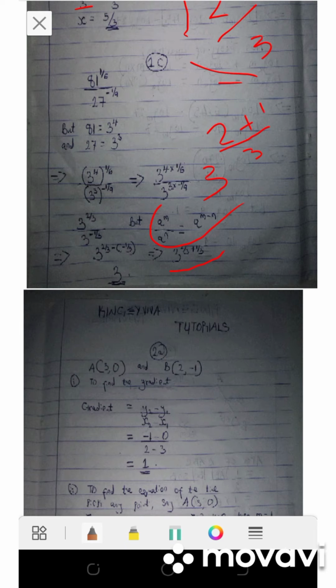That becomes 3 to the power of 3 over 3, equal to 3 to the power of 1, equal to 3. So I have the answer equal to 3.